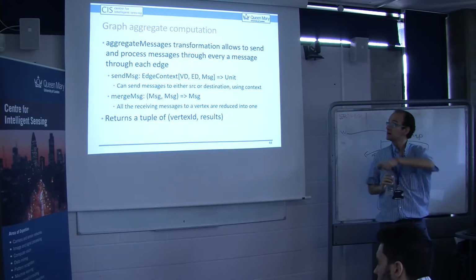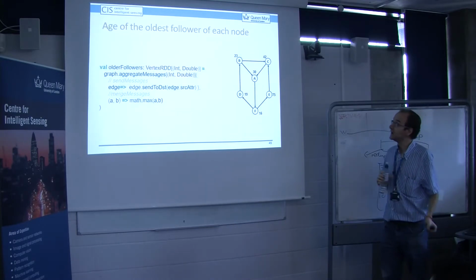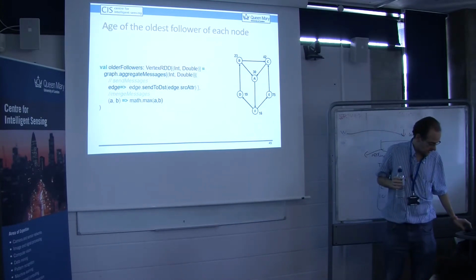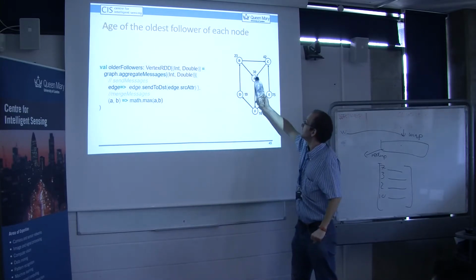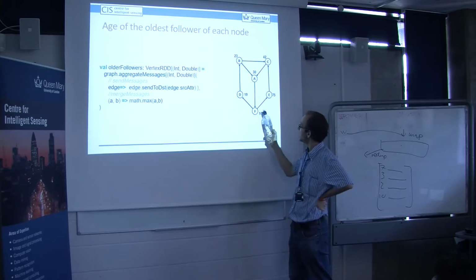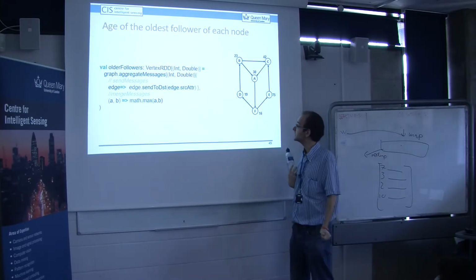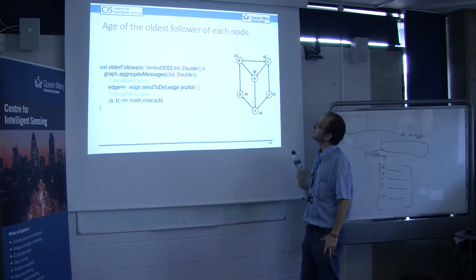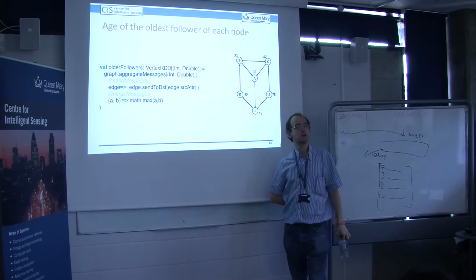And if I put those two things together, I can do something like this. I have here one graph in which each node represents a user, and each node has a property that represents the age of that user, and I have a query: what is the age of the oldest follower of a node?